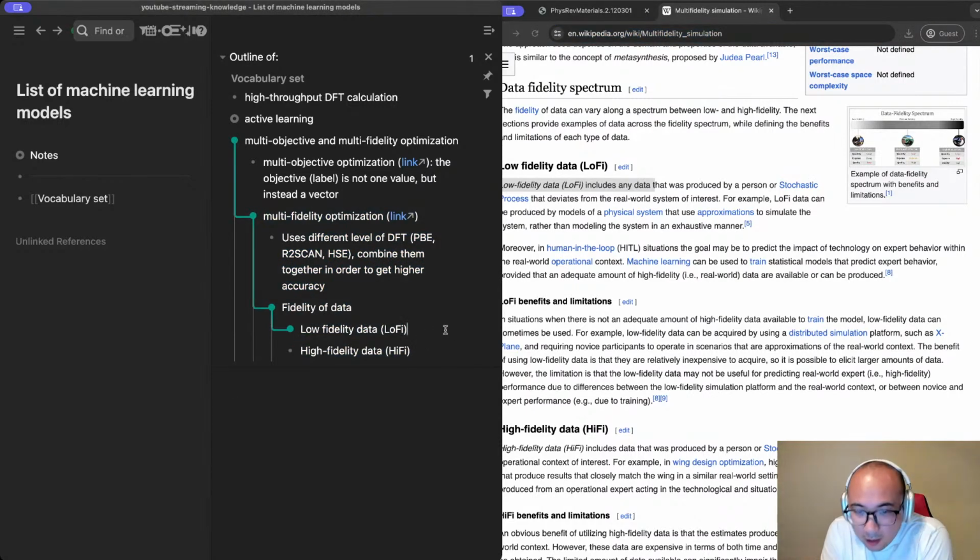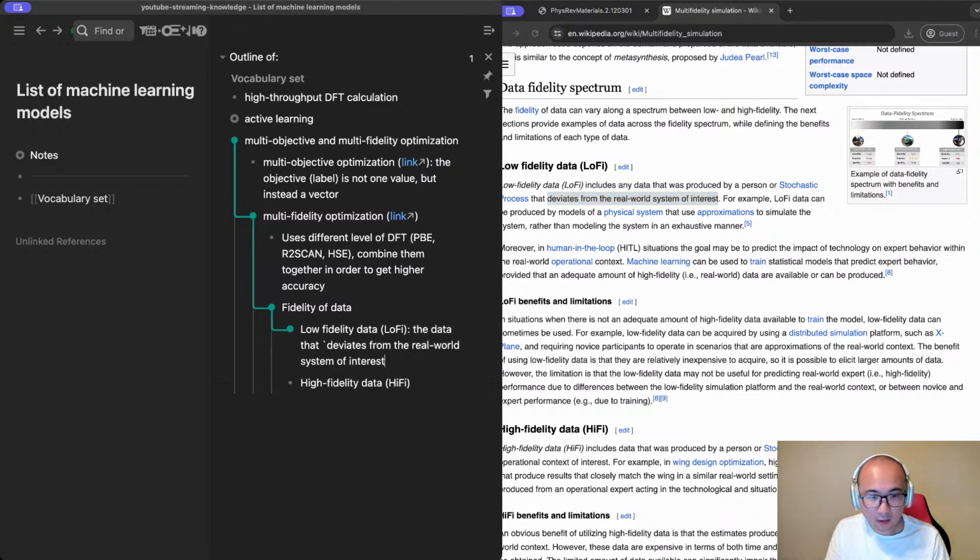So low fidelity data means data produced by a person or stochastic process that deviates from the real world system of interest.